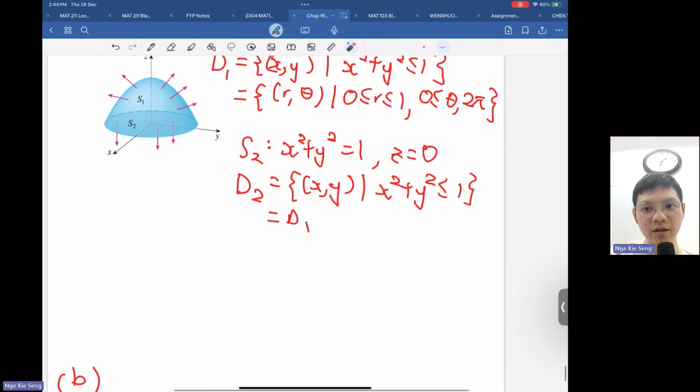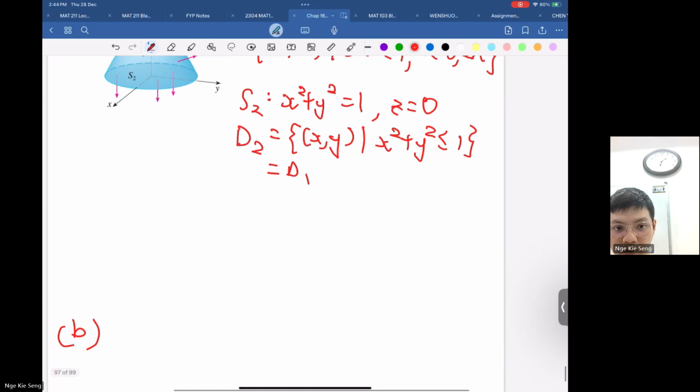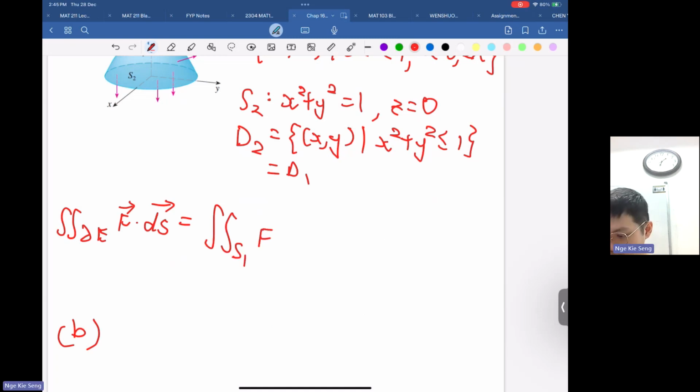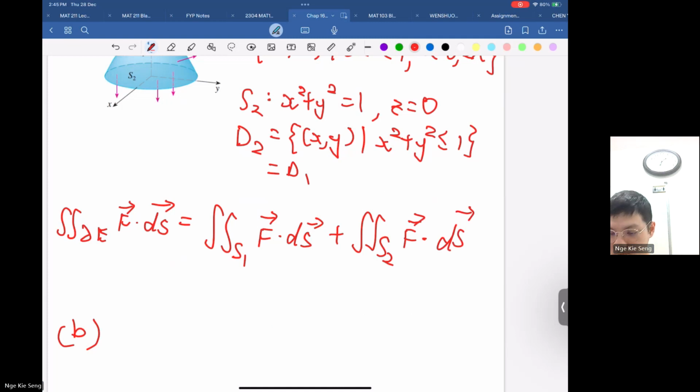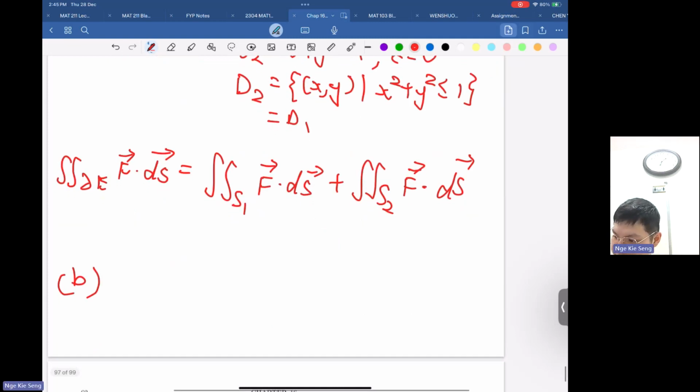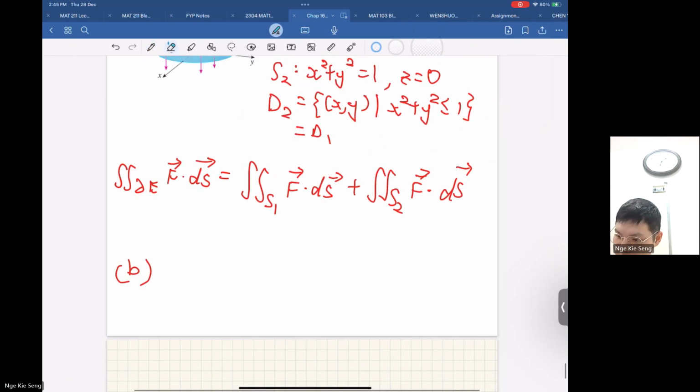All right, so let's do what first? Let's do this. So our integral of F over the boundary equals what? The integral over S1 of F dS plus the integral over S2 of F dS.